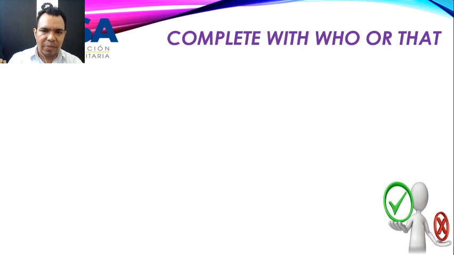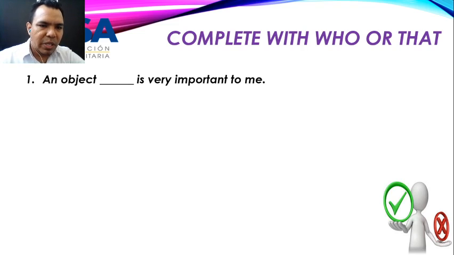Let's practice a little bit. I told you this was a little bit easier. I need you to complete these sentences with who or that. One: an object that is very important to me. And remember, in this case we are talking about an object, so I cannot use who. I use that.